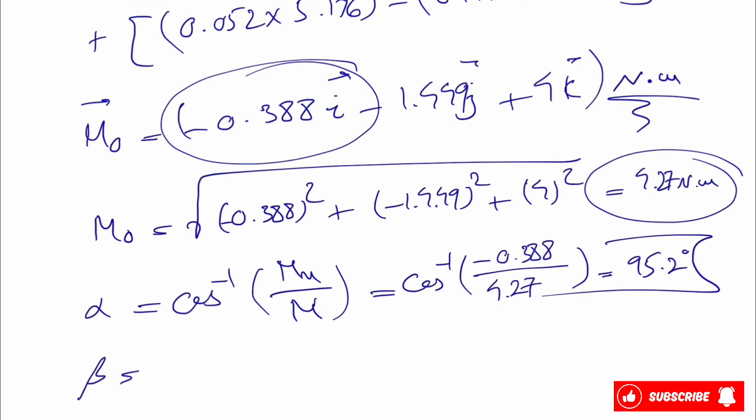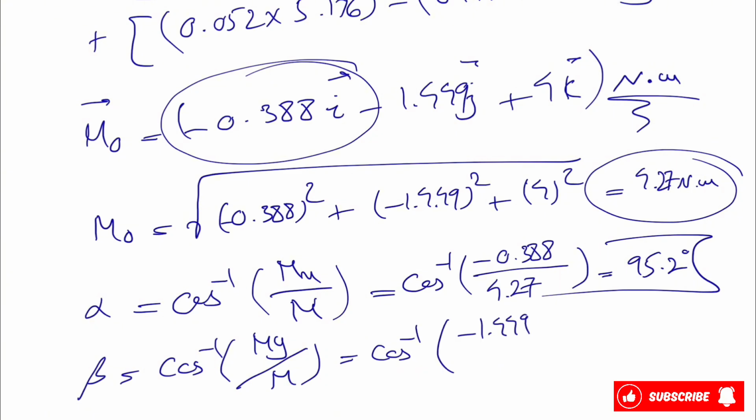We show the angle with the y-axis with beta, which will be My divided by M. So we have minus 1.449 divided by 4.27, and this will be 110 degrees.